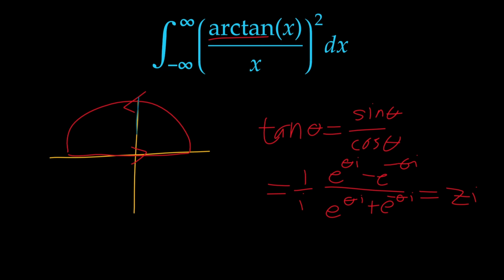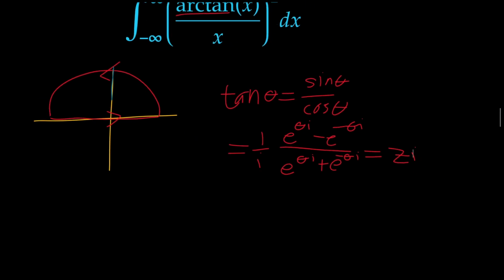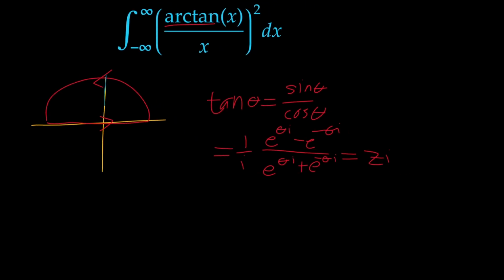And you'll see here that we can actually solve for theta to find arctangent, to define that in the complex plane. So doing that, multiplying both sides by i and manipulating this a bit, we get e to the 2 theta i minus 1 over e to the 2 theta i plus 1, some nice symmetry there, is equal to negative z.